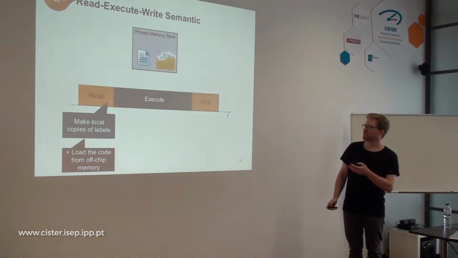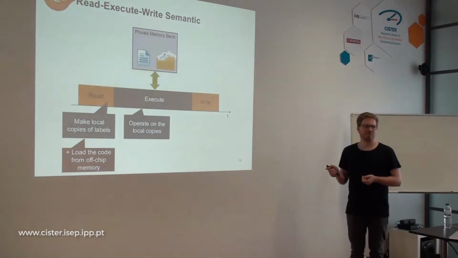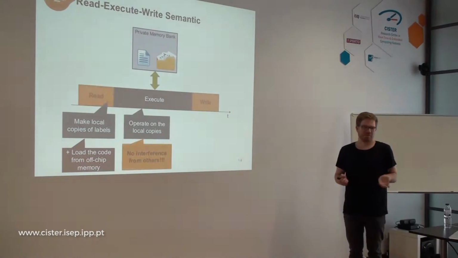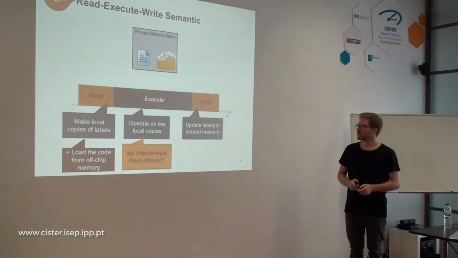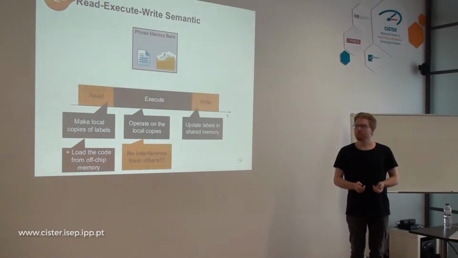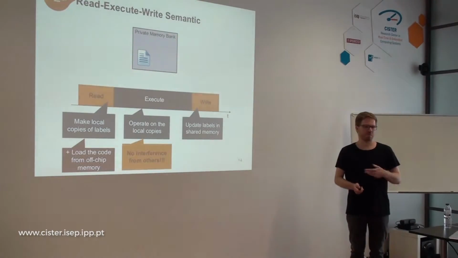Now during the execution phase, we can just operate on everything which is in our private memory bank, and we don't have to access any other bank. So here there is no interference, which is nice. But then at the end, when we come to the write phase, we have to, of course, update the shared memory again. So we have to copy those. And then some of the data which is loaded from off-chip needs to be brought back as well.